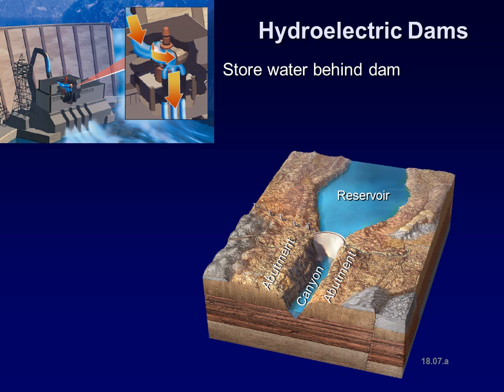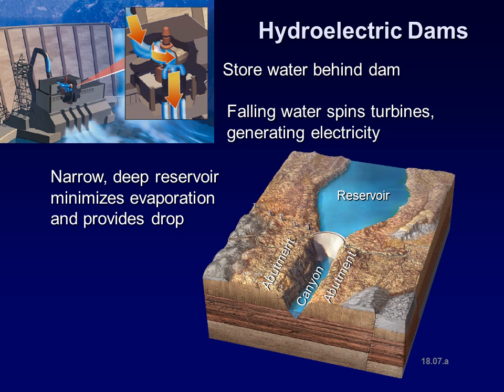What geologic factors are important when building a dam? Okay, you need to have a narrow, deep reservoir to minimize evaporation and provide drop, right? Because it's that fall, it's gravity's force that is spinning the turbine. So the bigger the fall, the more energy you can generate.